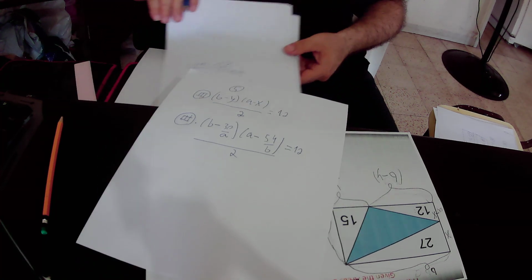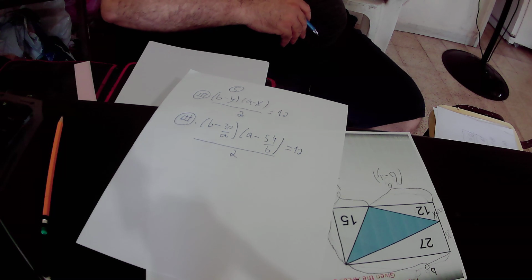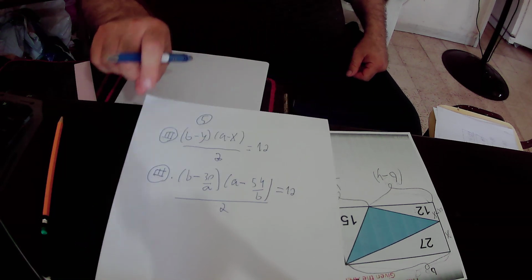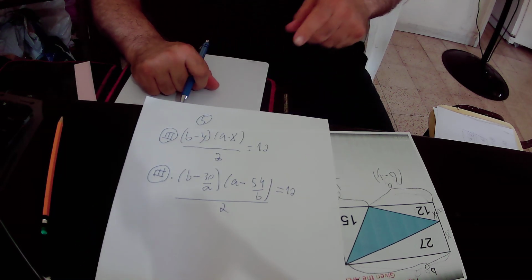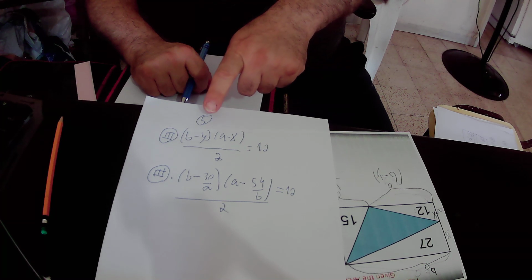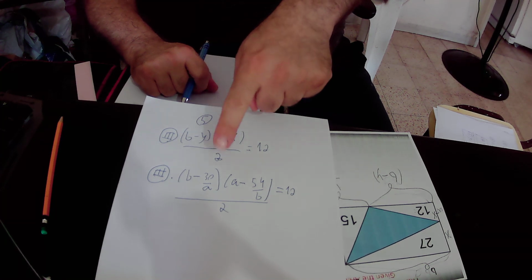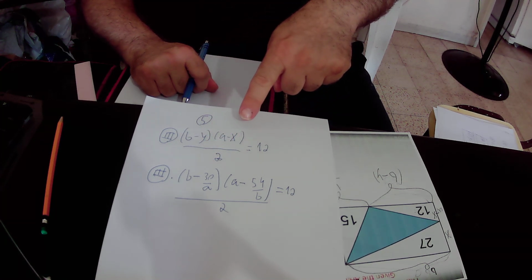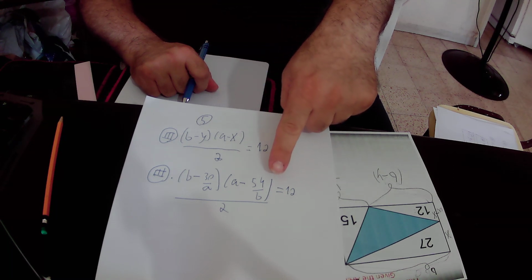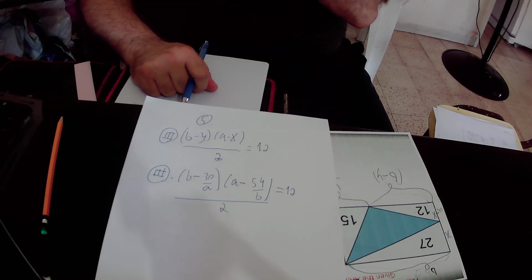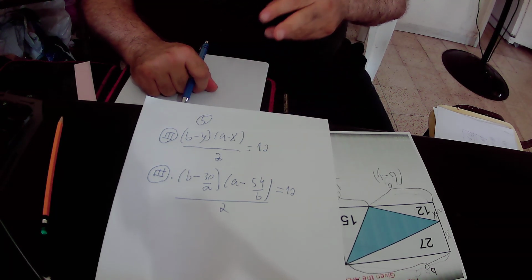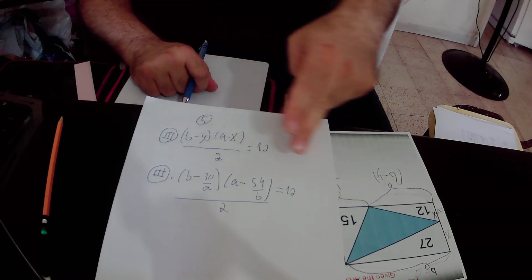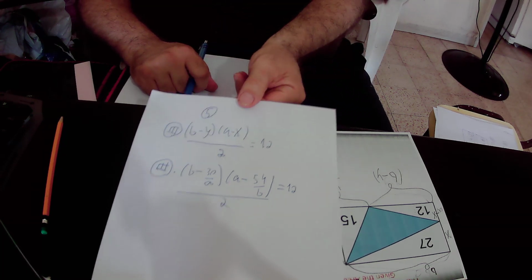So actually, as I've already said, I substituted y by 30 over a and x by 54 over b. Now we will multiply both sides of the equation by 2.